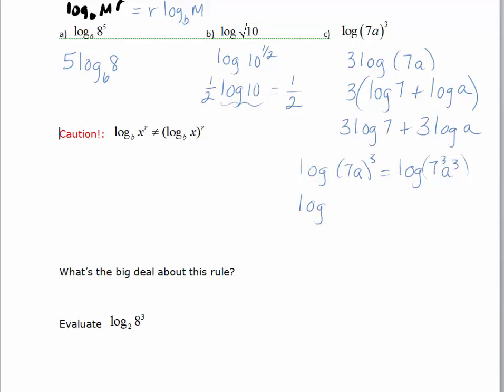I'm going to get the log of 7 cubed plus the log of a cubed. The 3 comes down: 3 log of 7 plus 3 log a.